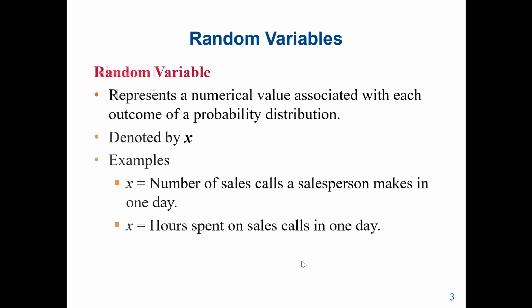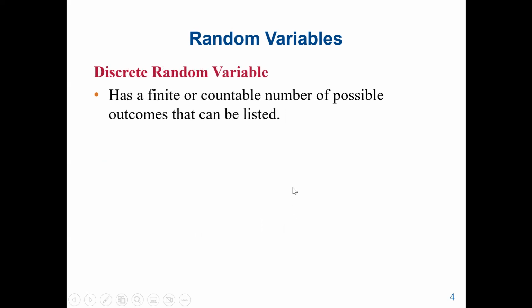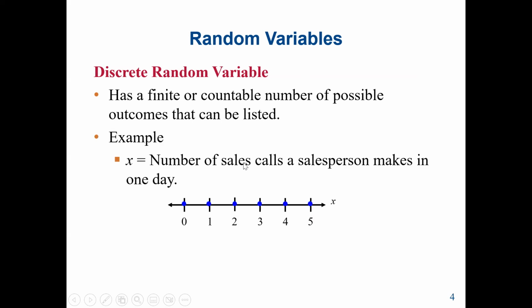Now, a continuous random variable is based on measurement. So here we see a discrete random variable has a finite or countable number of possible outcomes that can be listed. So again, a discrete random variable is based on counting. The example given here is the number of sales calls a salesperson makes in one day.